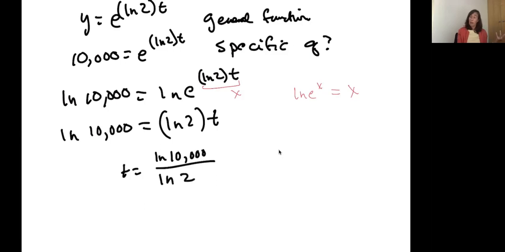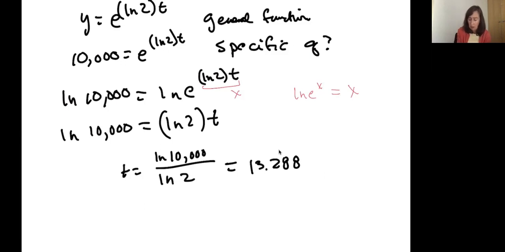I do have a natural log button on my calculator. There's a natural log function in Excel. Any programming package you want to use will have natural log, and you can actually get a numeric answer. And the answer that I got, here it is. It's around 13.288. Take it out more decimals if you want.